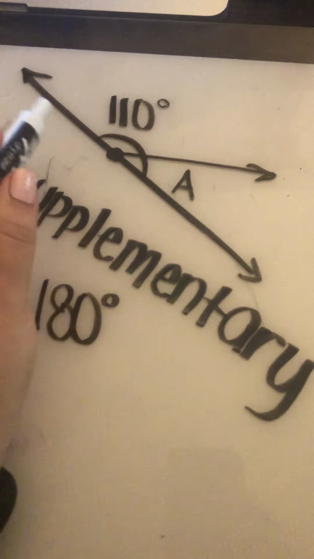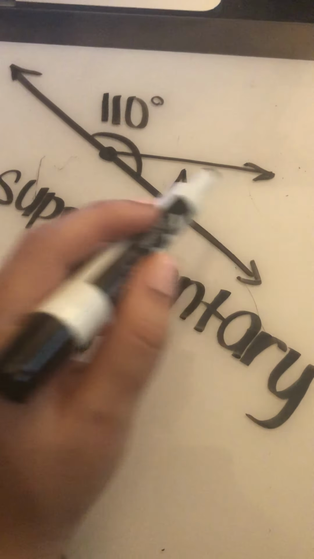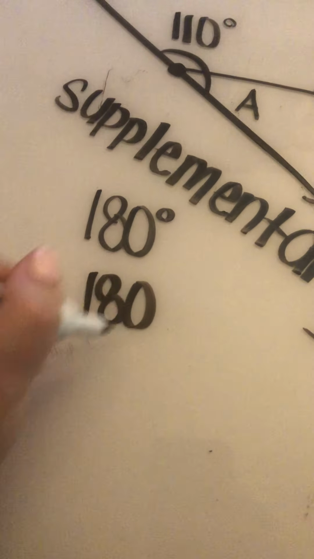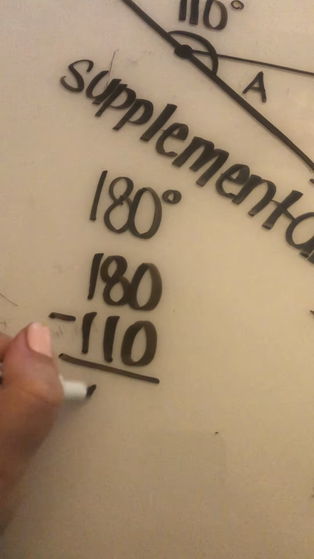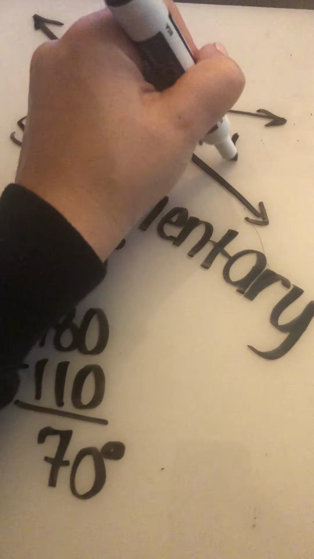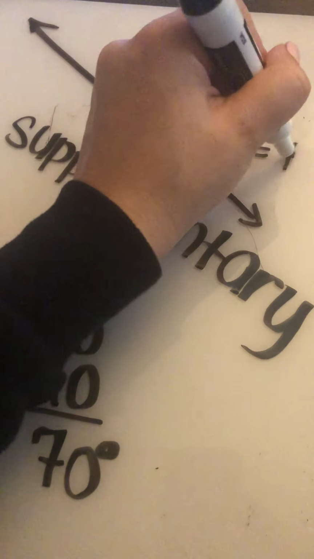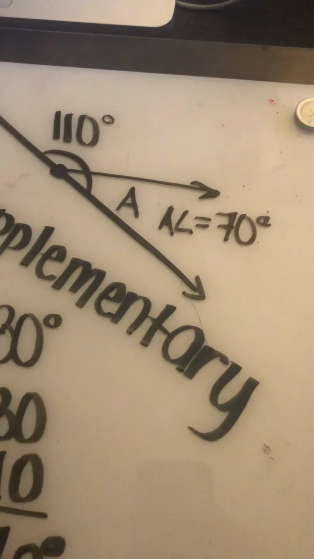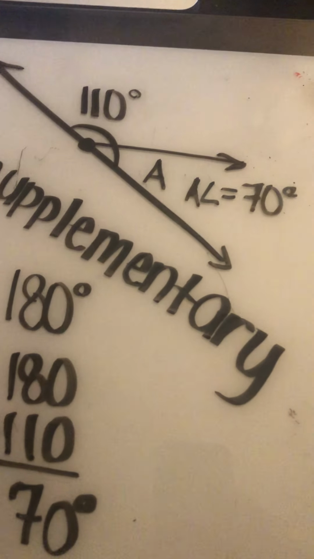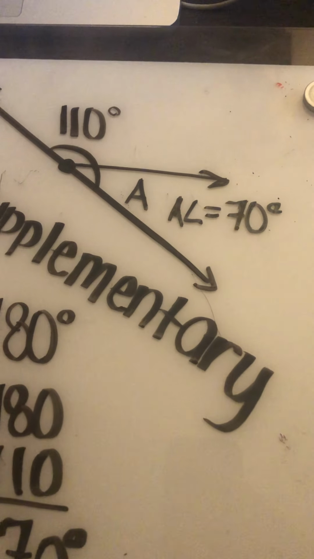So if I was given that this angle is 110 and I'm looking for A, then all I do is 180 minus 110, and that's going to give me 70 degrees. So angle A would be 70 degrees. And then a quick check would be to make sure that 70 plus 110 equals 180, which it does, so I know that I'm correct.